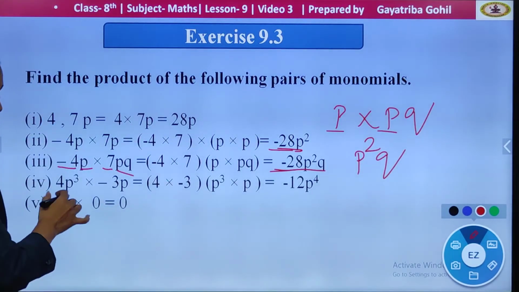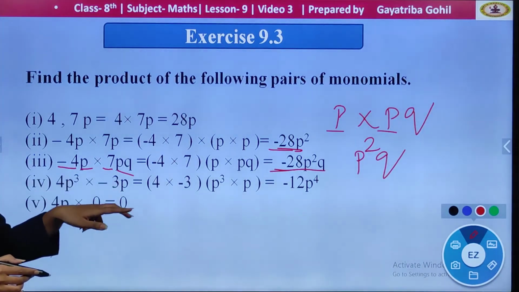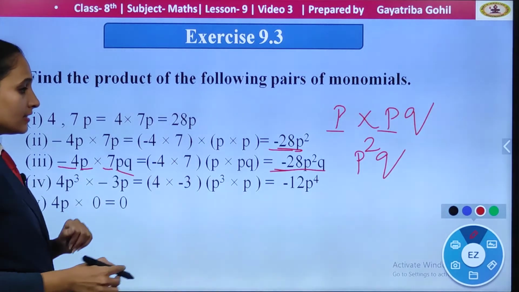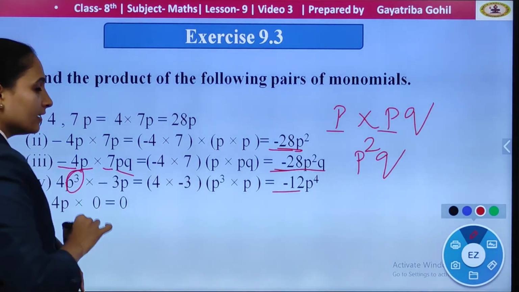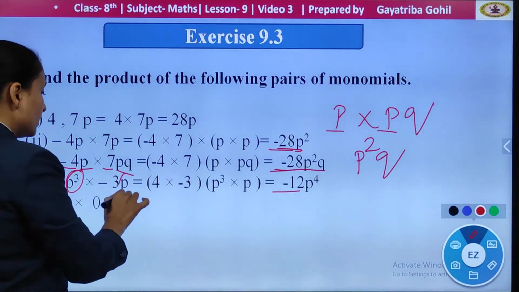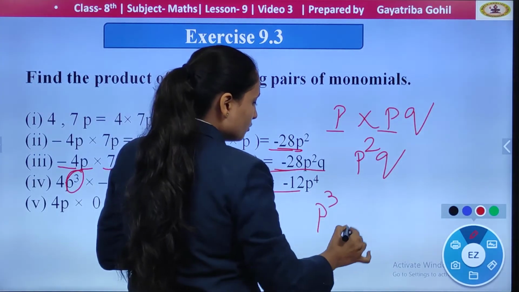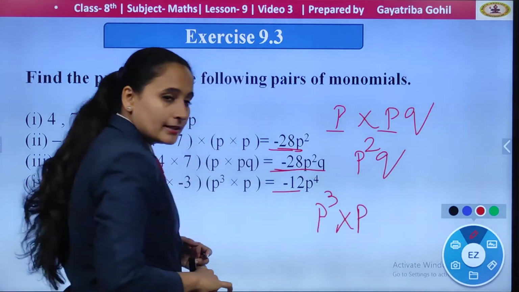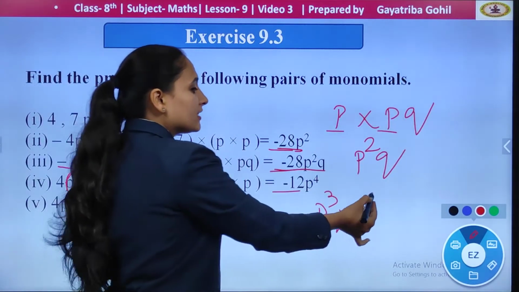Right. Then we have 4p cube multiplied by minus 3p. So, 4 into minus 3 will give me minus 12, and p raised to 3 means p cube into p. Now, see, p cube into p. When the bases are same and you are multiplying, the powers can be added.